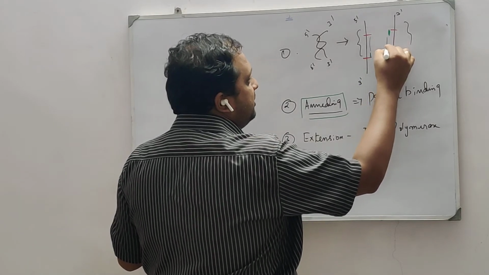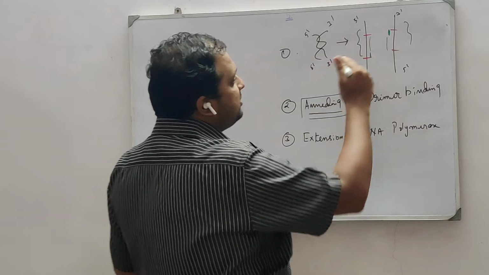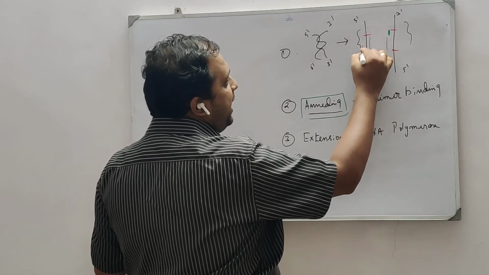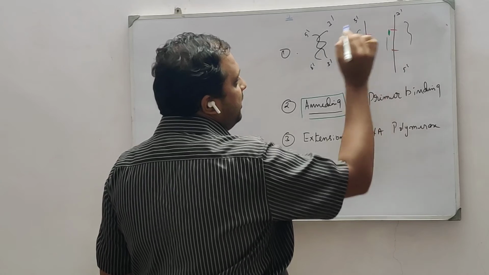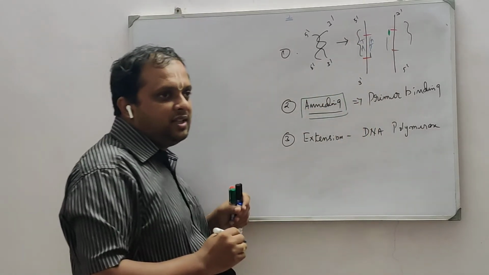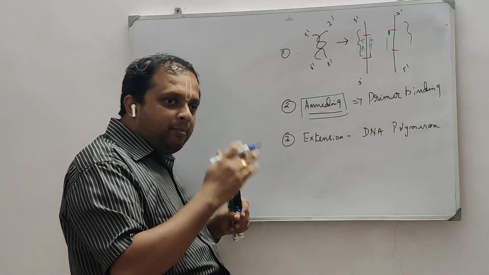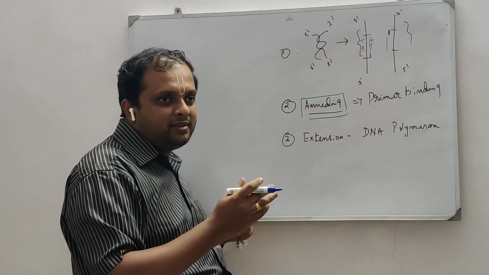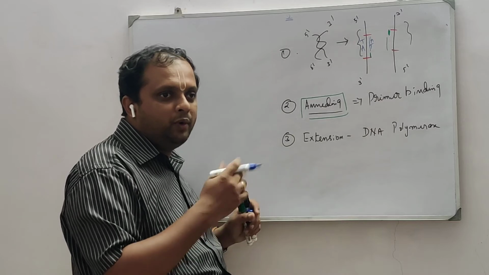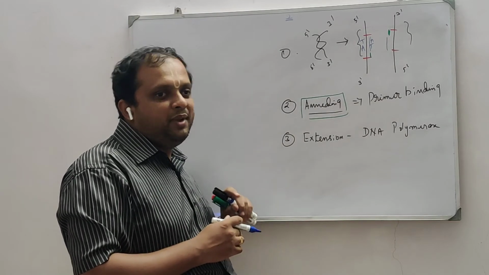What does this actually say? In case the template has a nucleotide T, A should be added. If it is A, T should be added. That's what polymerase does. Based on the template, it adds the complementary nucleotide. All these things are basics you are supposed to be thorough with before you discuss PCR.